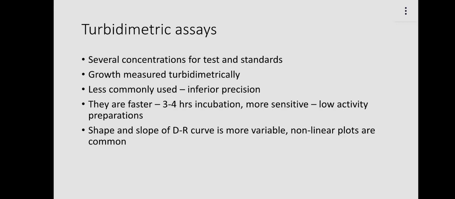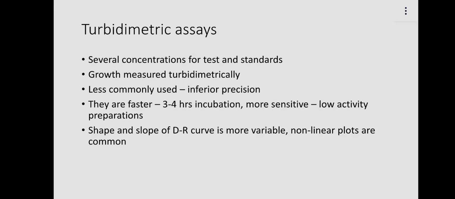This particular method is much rarer because of its disadvantages, which include lower precision. So it's harder to obtain similar results with regard to the measurements. So it's less common. The agar method is more preferred.